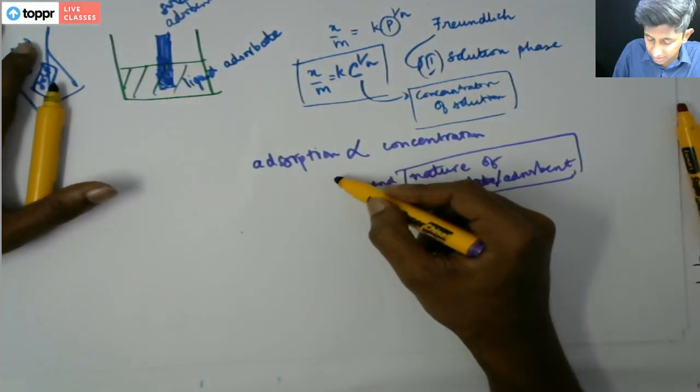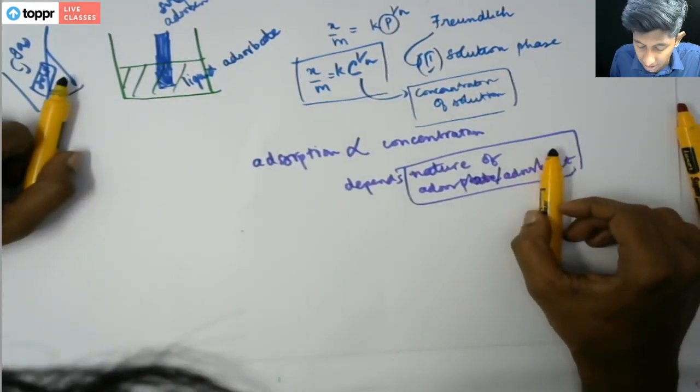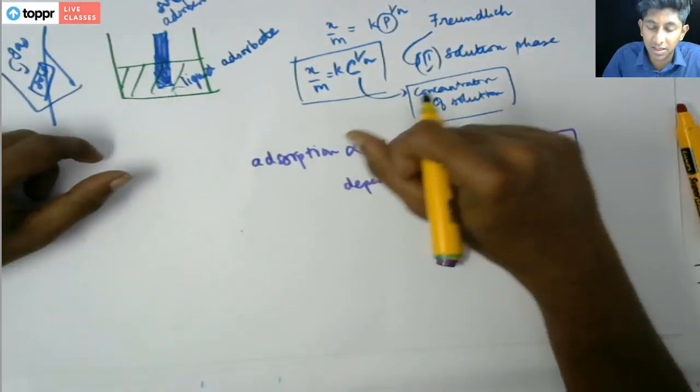So it depends on the nature of the adsorbent as well as concentration. Otherwise the equation is pretty much similar to what we learnt in the Freundlich system.